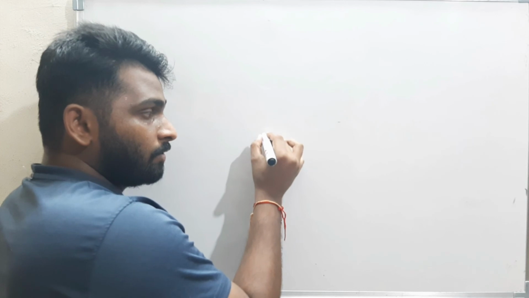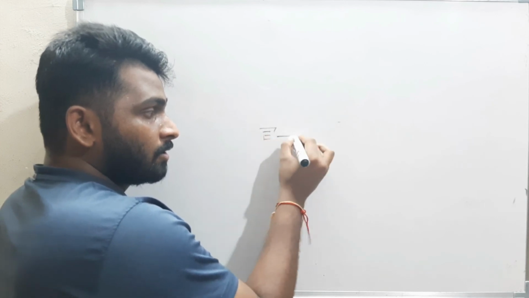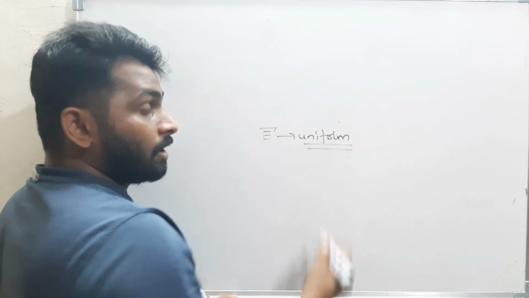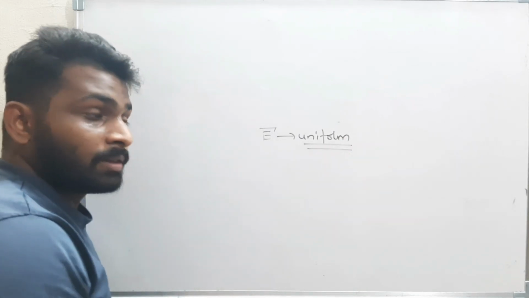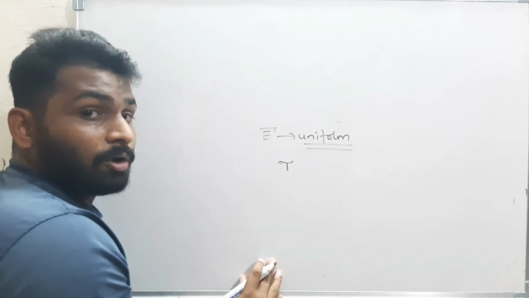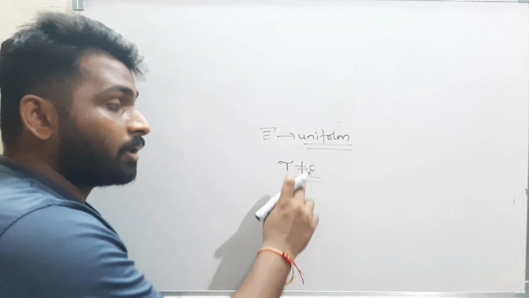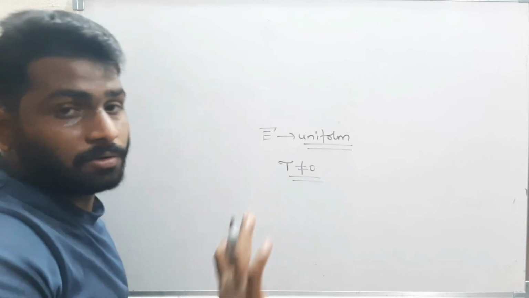Okay, by this we'll end the video. And one more small point. If the electric field is uniform, then the torque acting on the body may be 0, may not be 0.